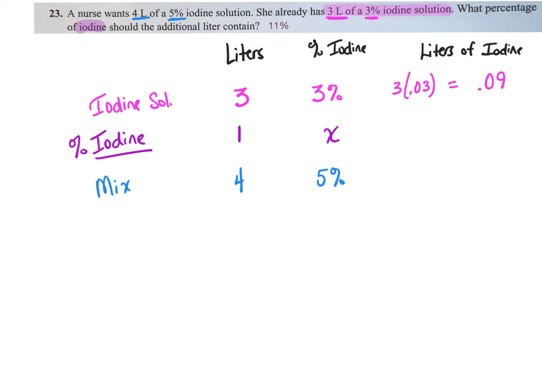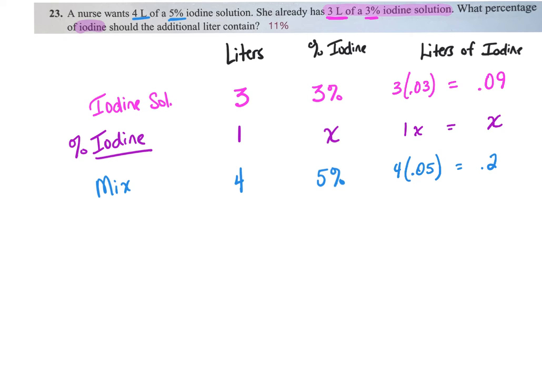All right, what about the next one? How do I calculate this one? Yeah, it's just going to be 1 liter times X, which is just going to give me X. And what about that last one? It's going to be 4 times 0.05, right? So what's that going to be? 0.20, right? Or just 0.2.